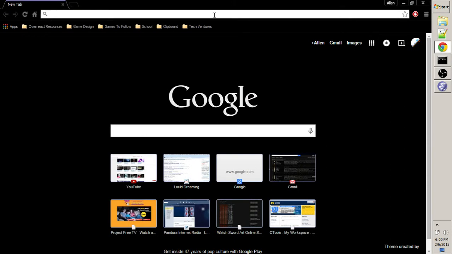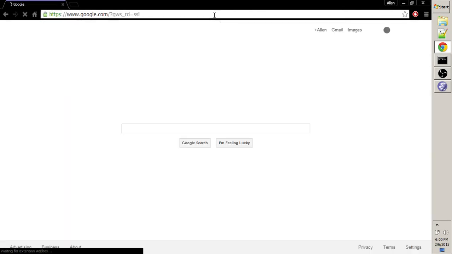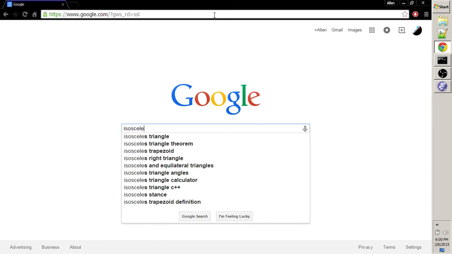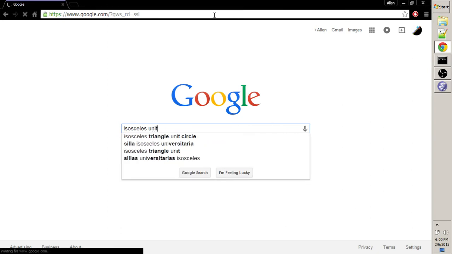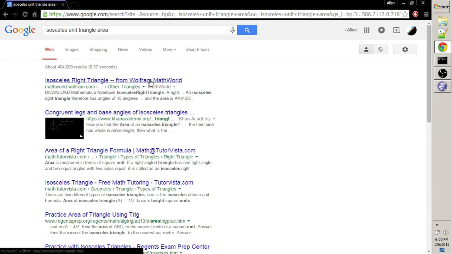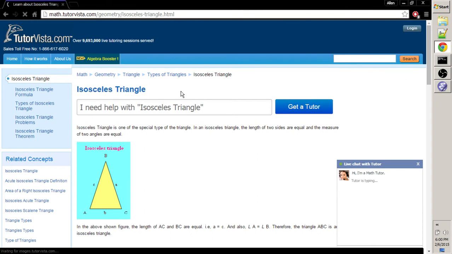There we go. Isosceles unit triangle area. Area of a right triangle formula. Isosceles triangle for you. Let's see. No, not isosceles.